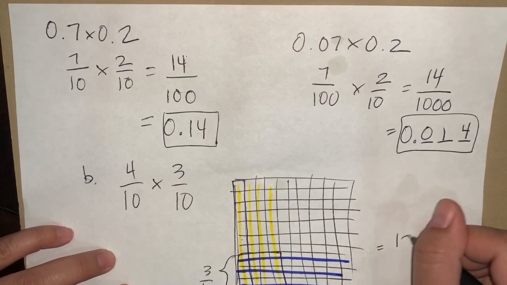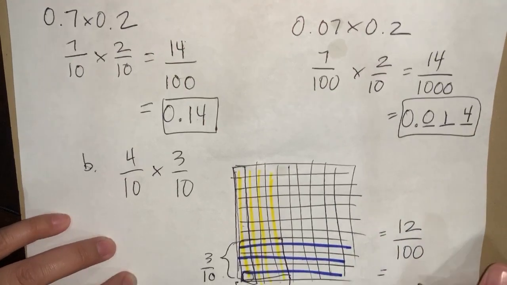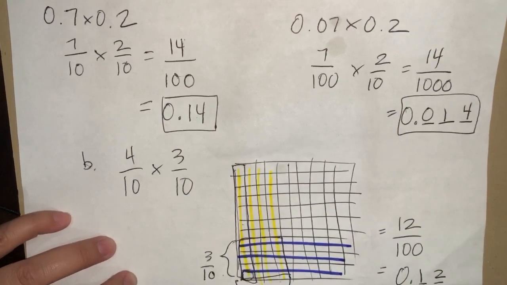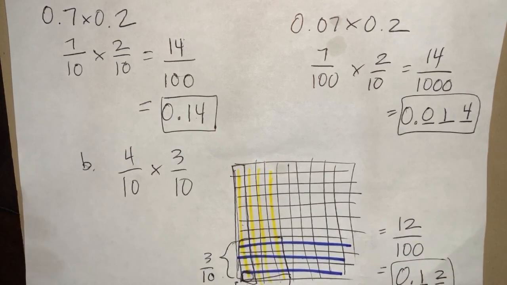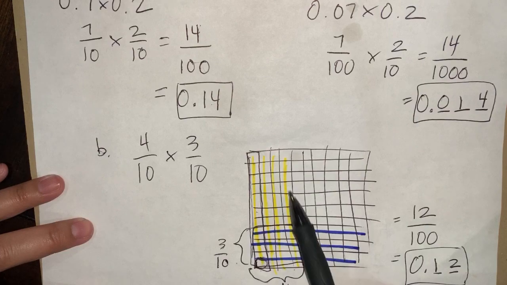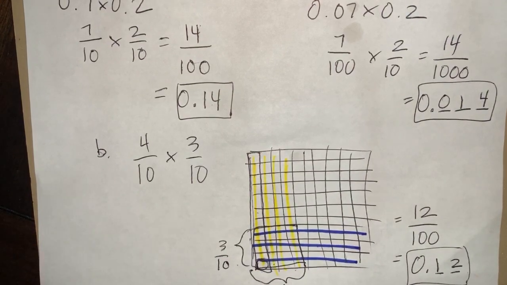Okay, so 12 out of, and remember you're going by these smaller squares, which are hundredths. So 12 hundredths, and then written in decimal form, tenths, hundredths. You want your 2 in the hundredths place, and you work backwards. So 0.12 will be your answer. But you need to work on the model this way, color, label, and then count what's overlapping.